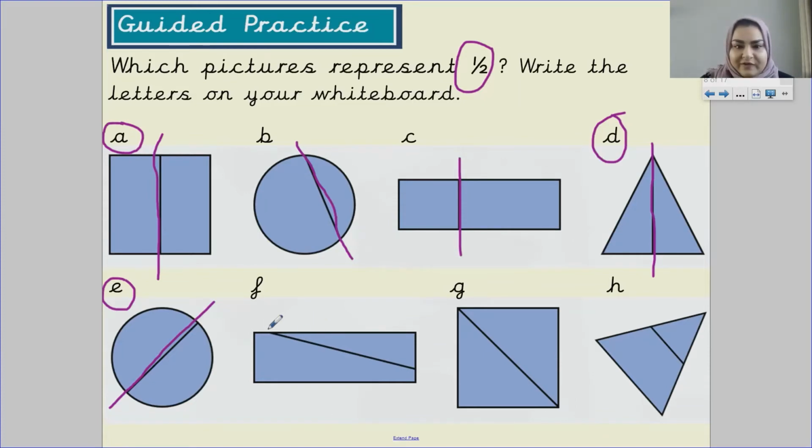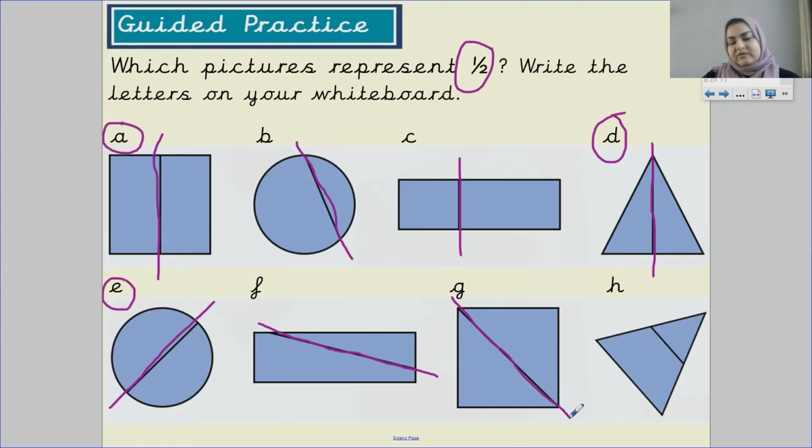If I look at F, I have a rectangle, but my line is going diagonally on the shape. But it is not giving me two equal parts. They are unequal parts because they are, first of all, not divided into the same shape and they are not the same size. So F doesn't count. If I look at G, I have a square, and on this square, I have a diagonal line going through the middle.